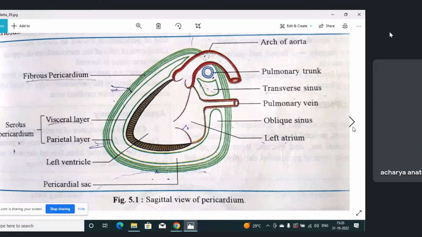Pericardium divides into two, fibrous pericardium and serous pericardium. Serous pericardium again divides into two. Number one is the visceral layer. Number two is the parietal layer.